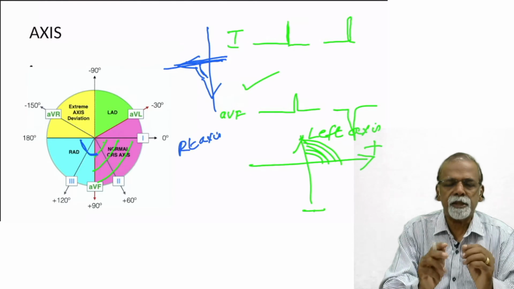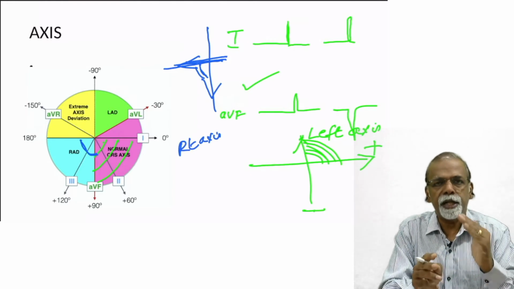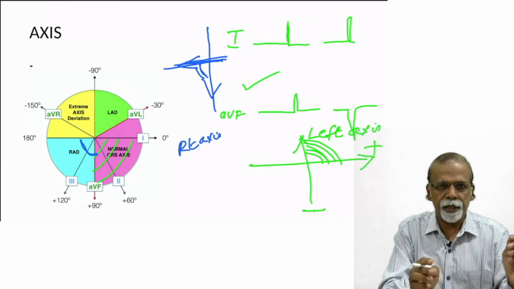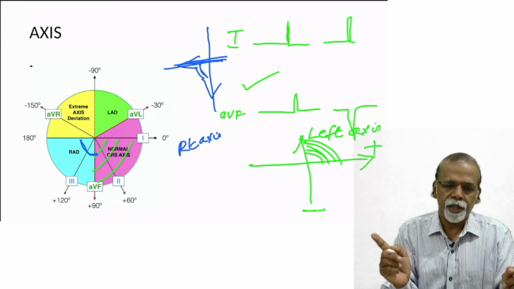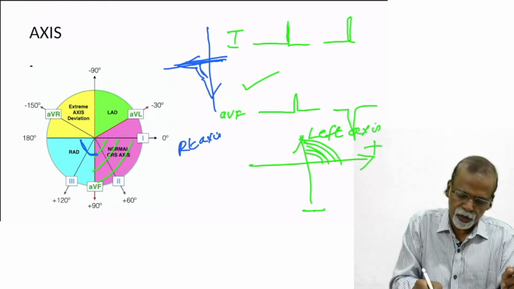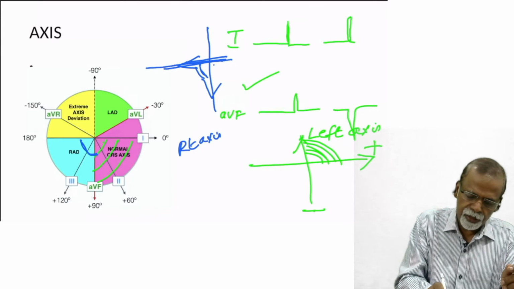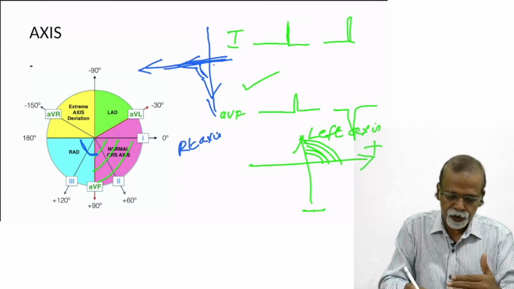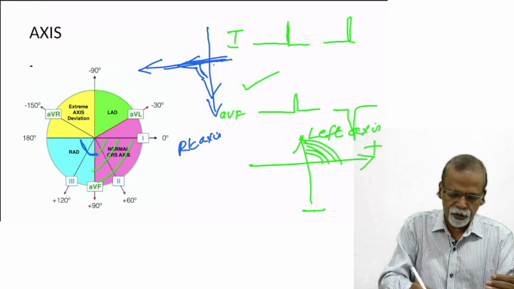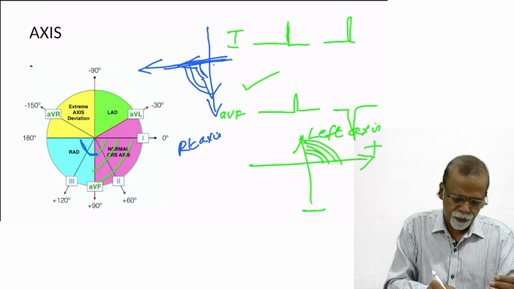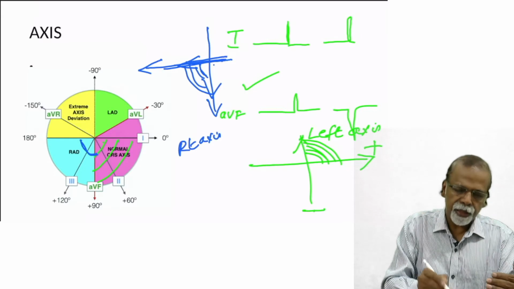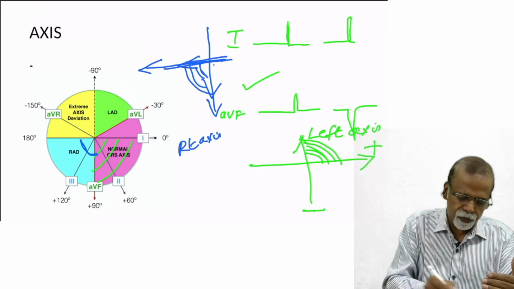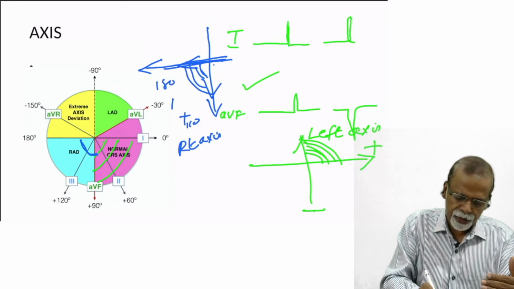So in right axis, lead 1 will be negative, meaning the current is going away from the positive pole, and AVF is positive, so it is in this quadrant. Classically, plus 110 to 180 is taken as right axis.